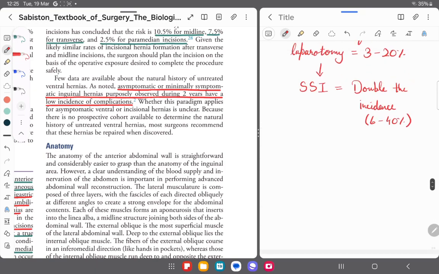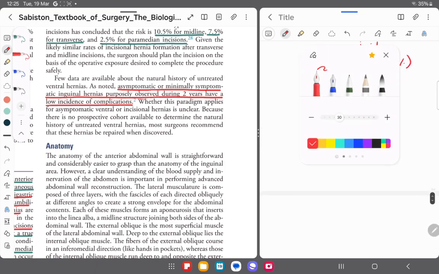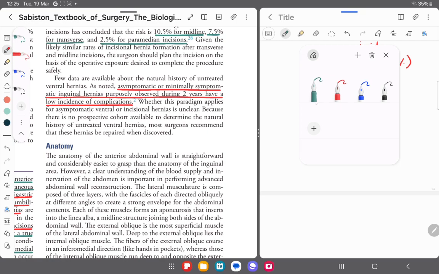So, this is another important piece of data, that even if you do not perform the surgery for 2 years, there is a low incidence of complications in asymptomatic or minimally symptomatic inguinal hernias. So, natural history.